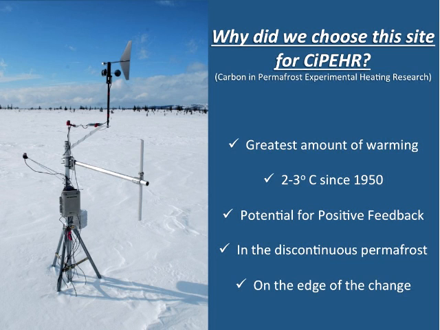Now, the reason that we're here in this area in general is the fact that over the last several decades, it is the polar regions that have shown the largest amount of change as far as temperature and ice cover and climate change goes. The polar areas have shown anywhere from 2 to 3 degrees centigrade temperature change since 1950.